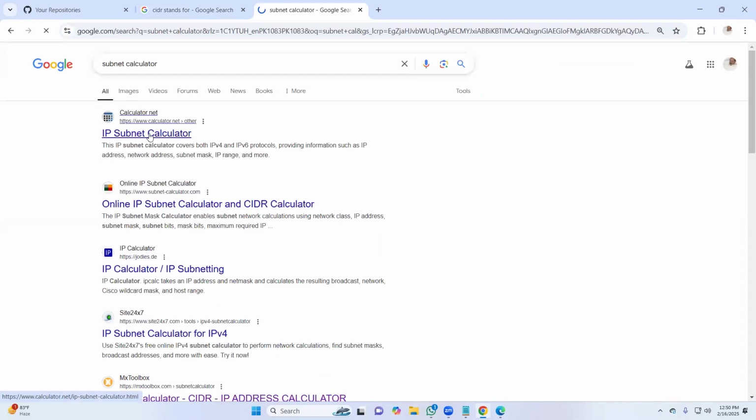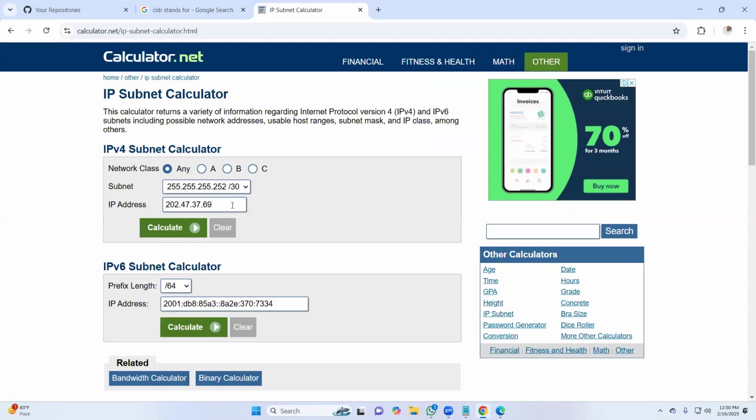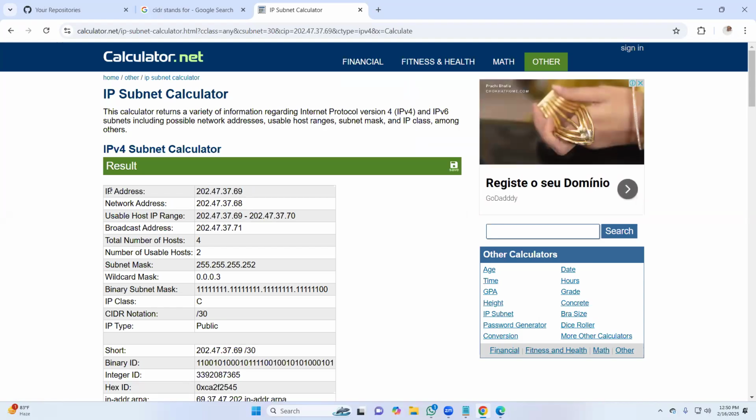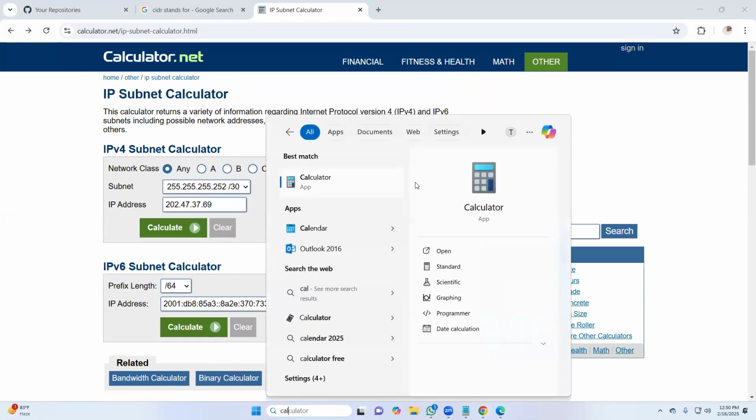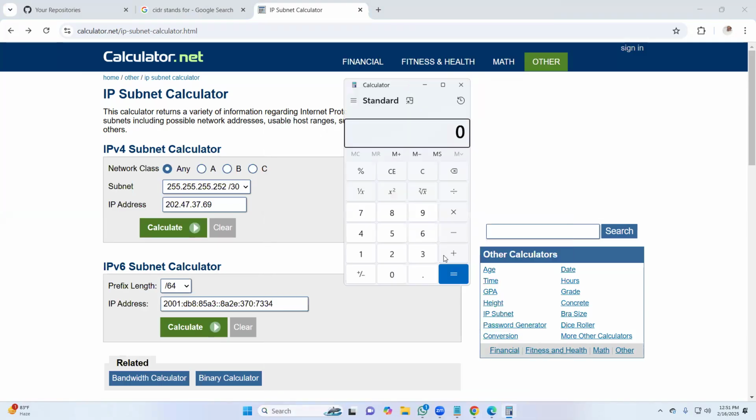You can easily calculate. Just define this number, and this is 30, and you can just calculate the IP address, network address, usable hosts, broadcast IP address, total subnets, and everything is there. Nowadays, I think 99% of people use the calculator. One second, let me pick up this call.